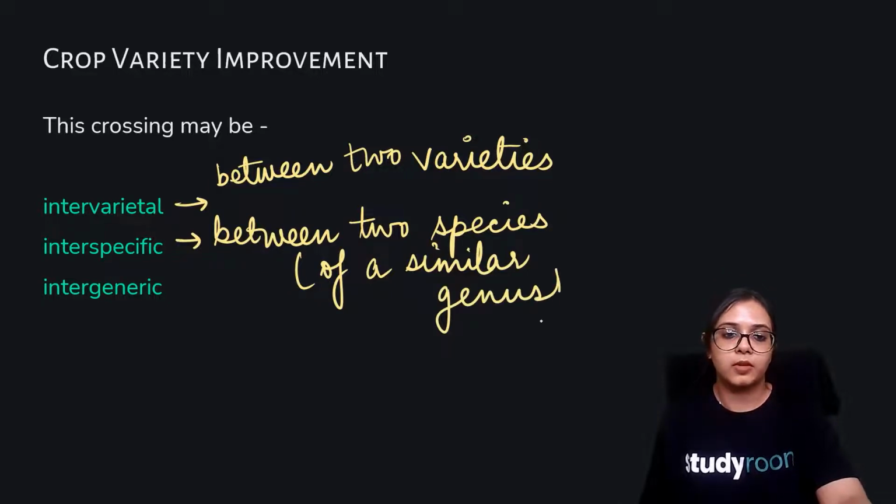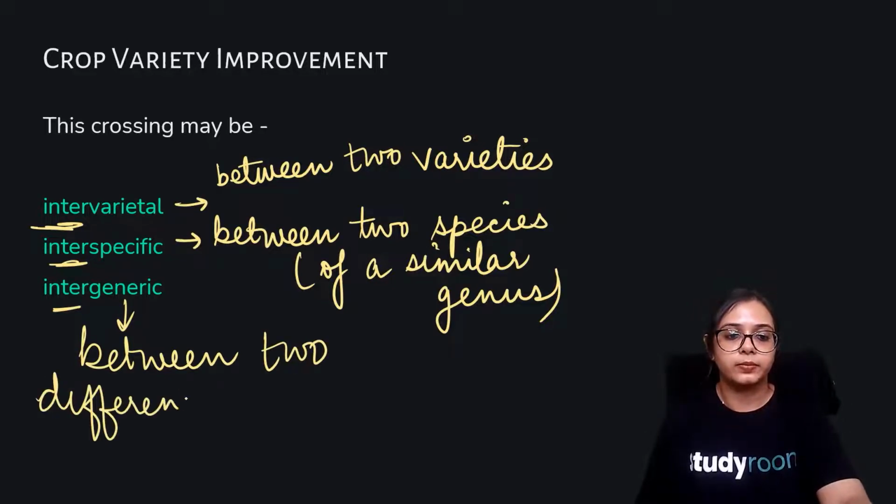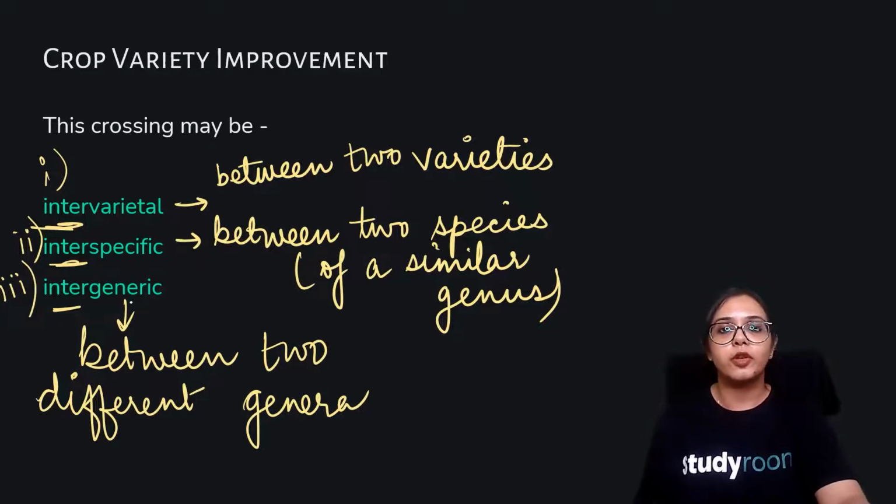And intergeneric, as the name suggests, inter means between, so intergeneric means between two different genera. So hybridization can be done intervarietally by mixing two different varieties, interspecifically by mixing two different species, which could be of the same genus, and intergenerically, between two different genera.